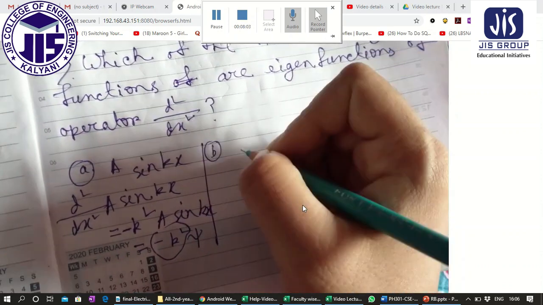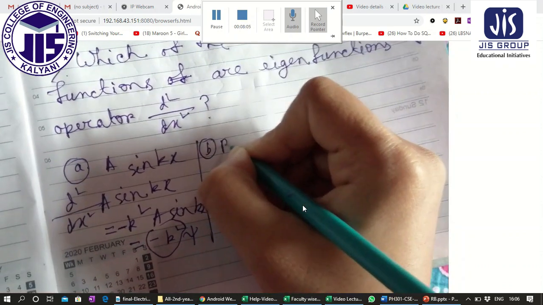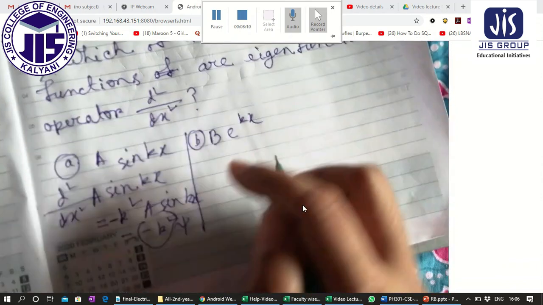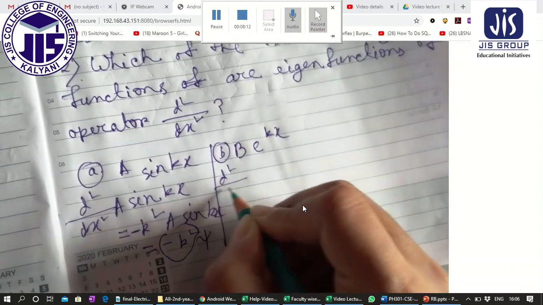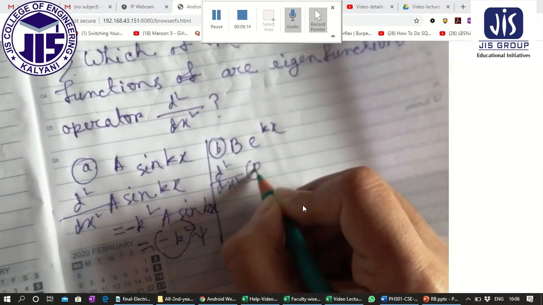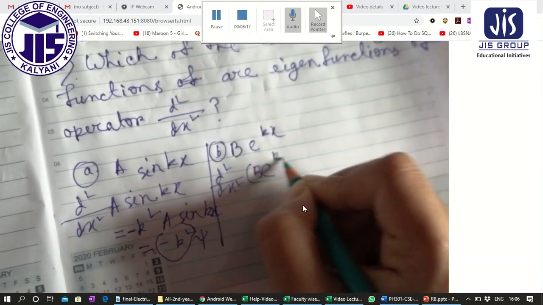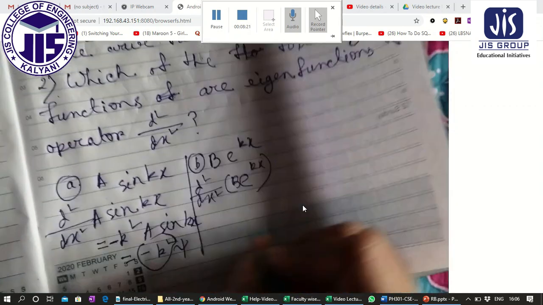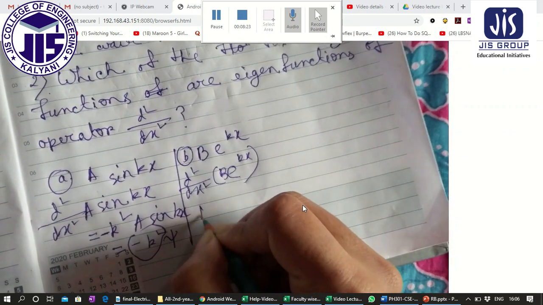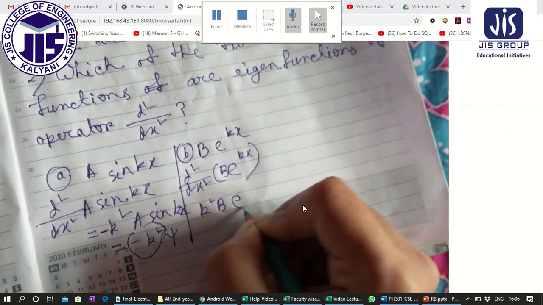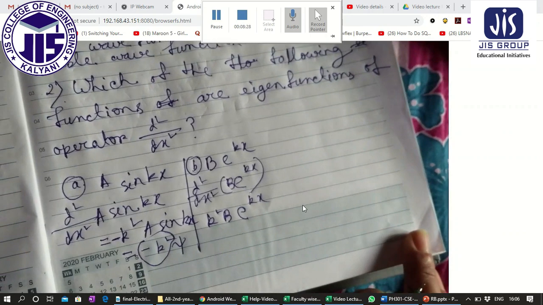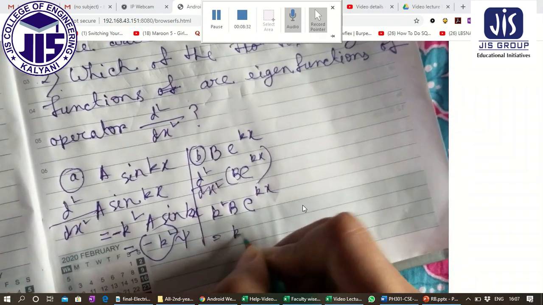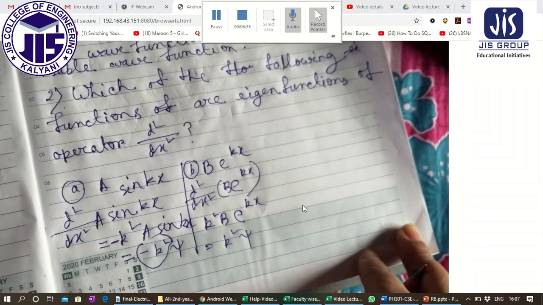Now the next one is b e to the power kx. So d square dx square of e to the power kx, if we do it, then what are we getting finally? k square b e to the power kx. That means k square psi, isn't it?